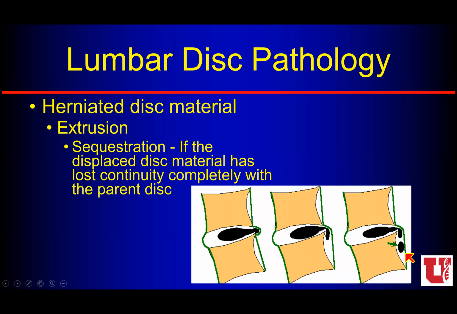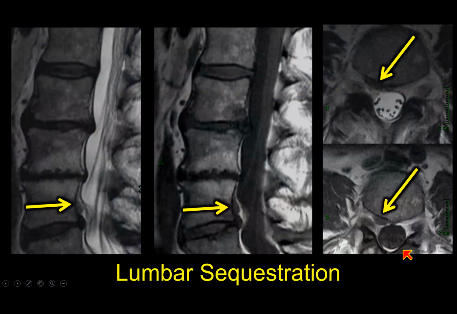And over time, as that ages, it may have different signal intensity than the disk itself. So here's a case. Here's a sagittal T2, here's a correlating T1, and the axial T2 and T1. So we do have some disk material extending back posteriorly. It looks like we have a little bit of soft tissue behind the vertebral body. And you see how its signal intensity is a little bit different than the disk on these levels.